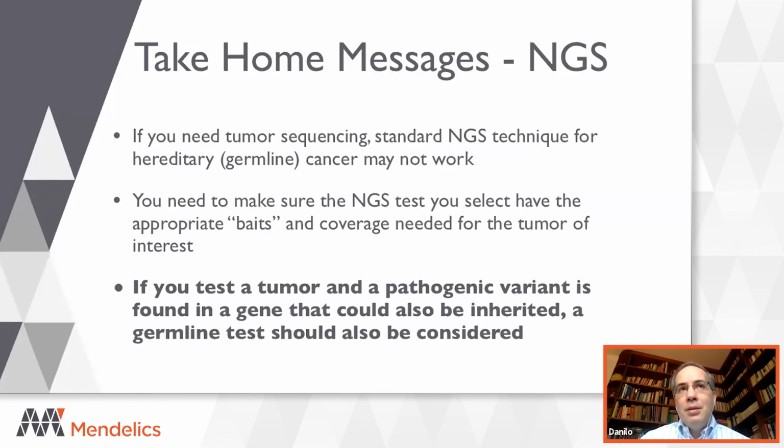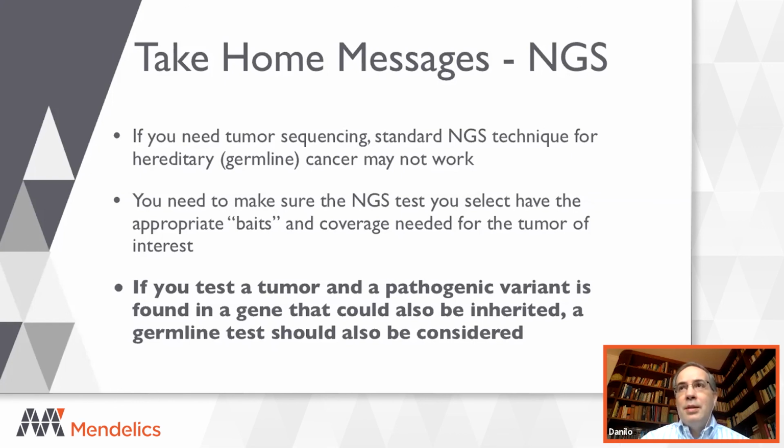If you test a tumor and a pathogenic variant is found in a gene that could also be inherited, then you should also test germline. I didn't explain this before, but in short, every time I find a pathogenic variant in a tumor, and this variant is in a gene that could also be inherited, then I should consider germline testing.